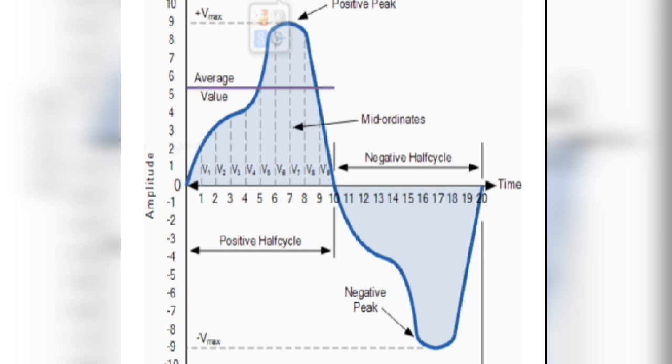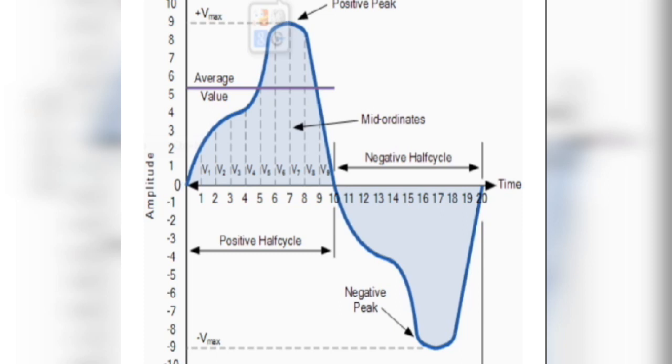Here is a chart of amplitude, and there V is a maximum, meaning positive peak of a voltage. Average value means between them, and mid-coordinates.